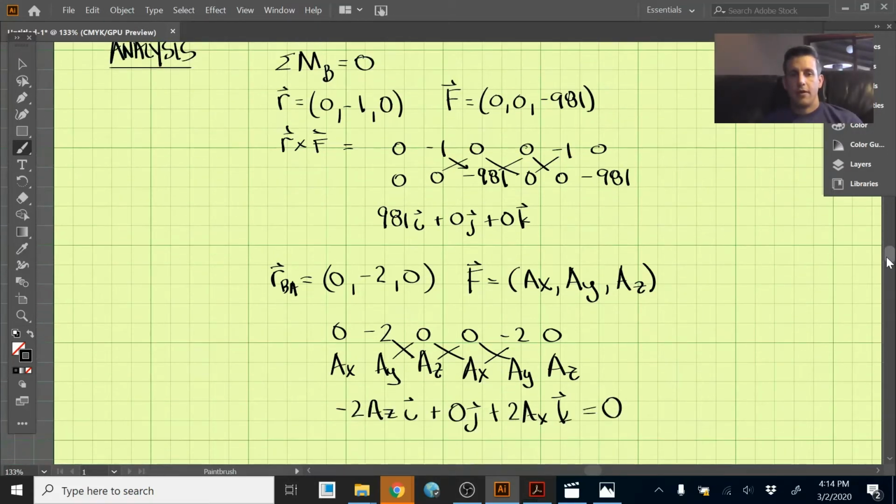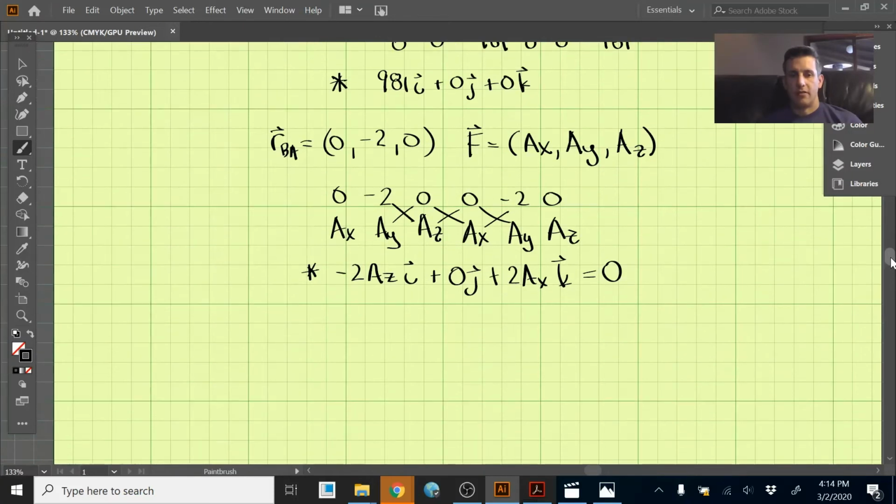Now we know that if we add these two equations together, that's the sum of the moments, and they must equal 0. So we're going to do this in X, Y, and Z components. Let's start with the I's here. We have 981 minus 2AZ equals 0.